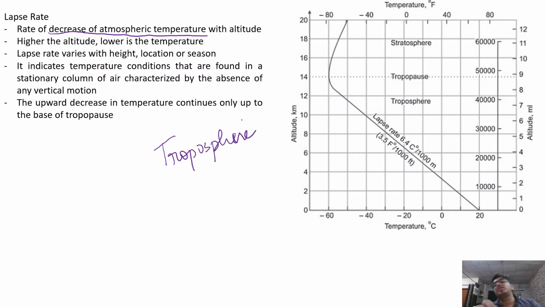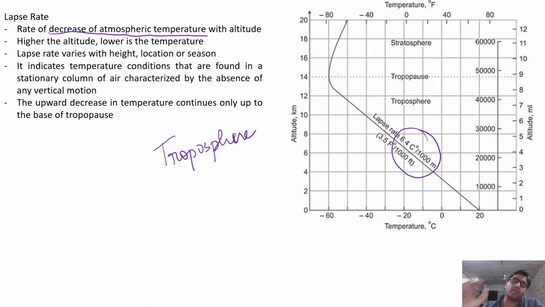Once we go into the details of the other layers of atmosphere, we'll see that the behavior of this change in temperature is different. So in this diagram, we can see here that there is a lapse rate of around 6.4 degrees Celsius per kilometer.